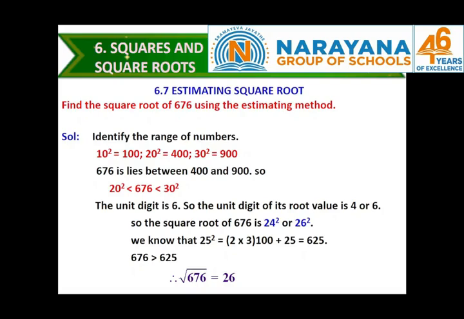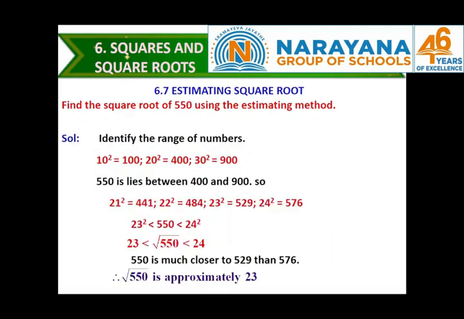Suppose the number is not a perfect square. See the next example, 550. It is not a perfect square, but the process is the same. 10 square is 100, 20 square is 400, 30 square is 900. It is between 400 and 900, so between 20 square and 30 square. What is 21 square? 441. 22 square is 484. 23 square is 529. 24 square is 576.